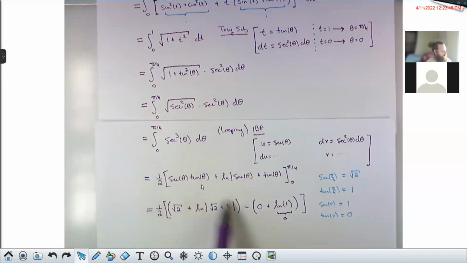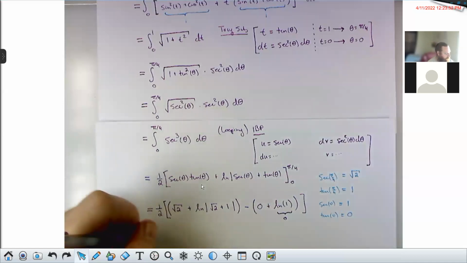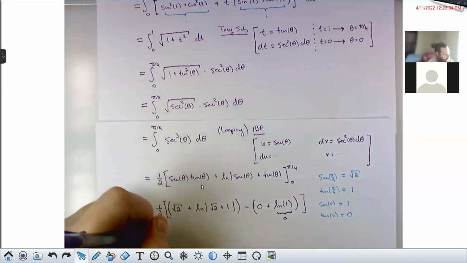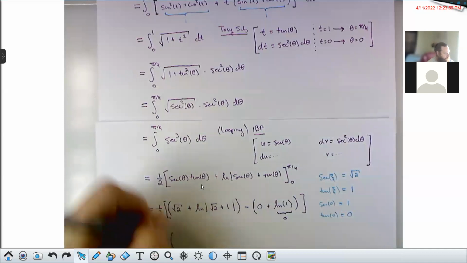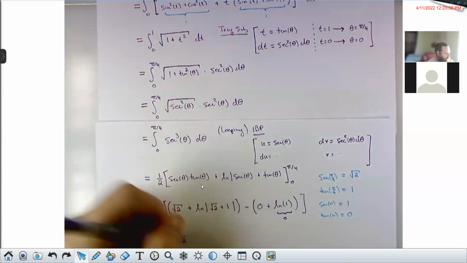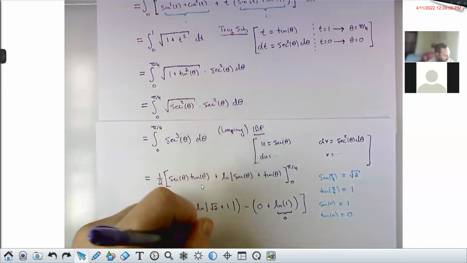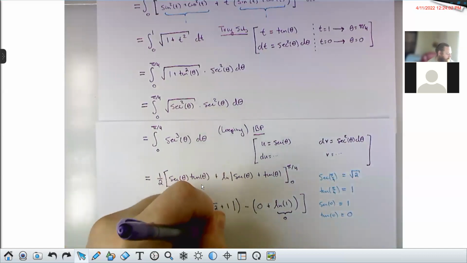So I only get anything from this first piece here. And since root 2 plus 1 is positive, the absolute values can go away. So I get 1/2 times the square root of 2 plus the natural log of root 2 plus 1.